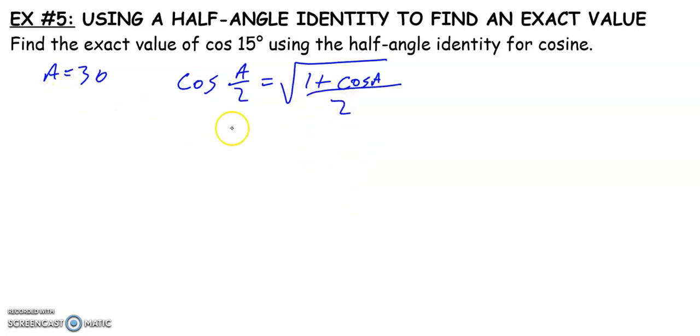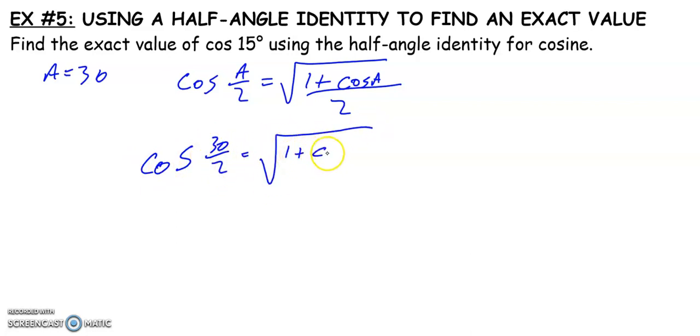We've already established a is 30. So cosine of 30 over 2 equals the square root of 1 plus the cosine of 30, divided by 2. And we like the cosine of 30 because it is on the unit circle.